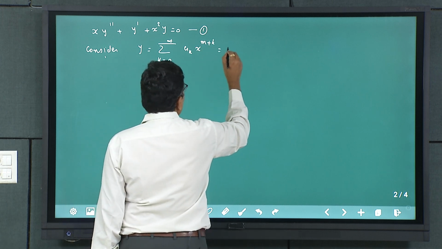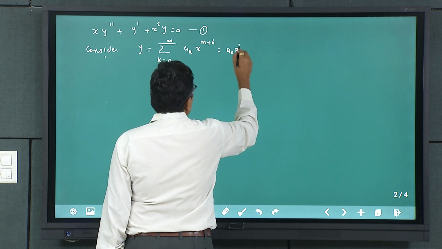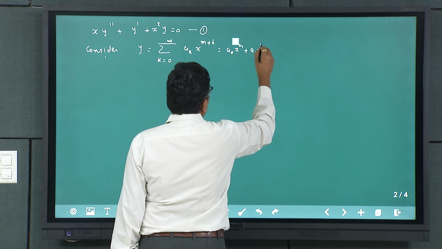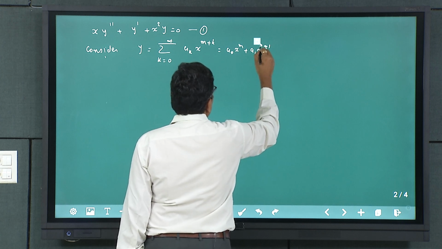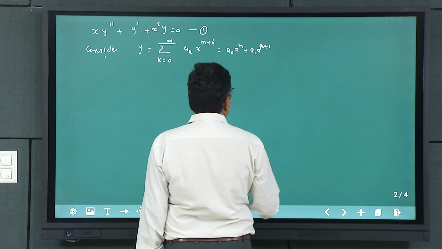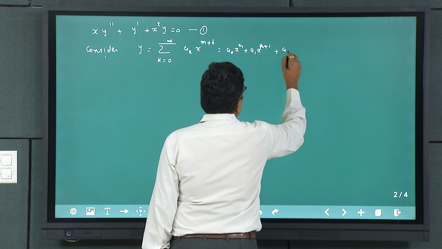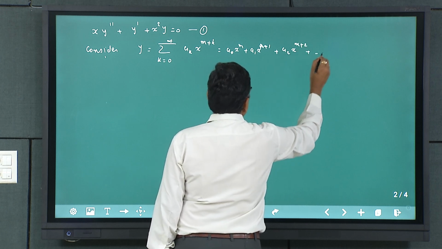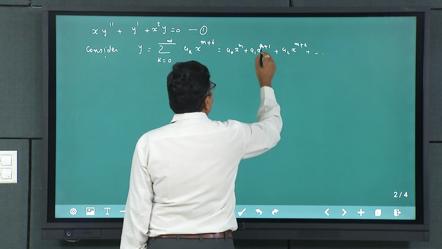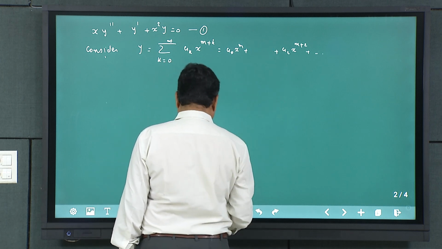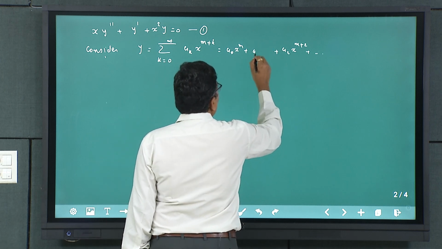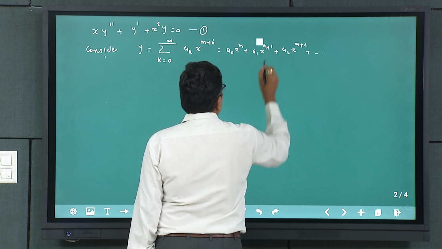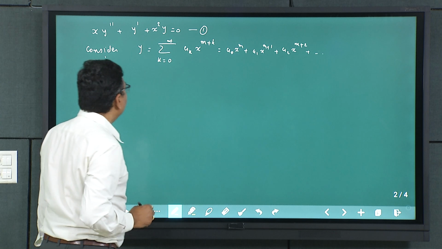So that is equal to a0 into x raised to power m plus a1 x raised to m plus 1 plus a2 x raised to m plus 2 and so on, right?